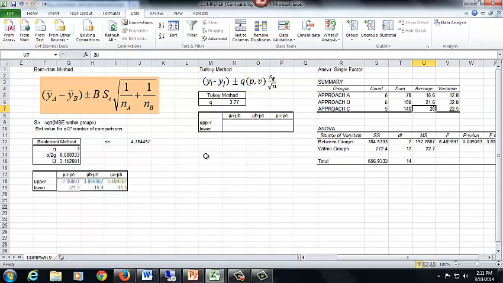This Q is the studentized range. It can be found in table 9B in the back of your textbook. I'll also provide a link to an online version, and you'll have a copy of it printed out for you. So you're going to look up Q, given information about P and V. P is the number of means being compared, in this case 3, because there's 3 different approaches.